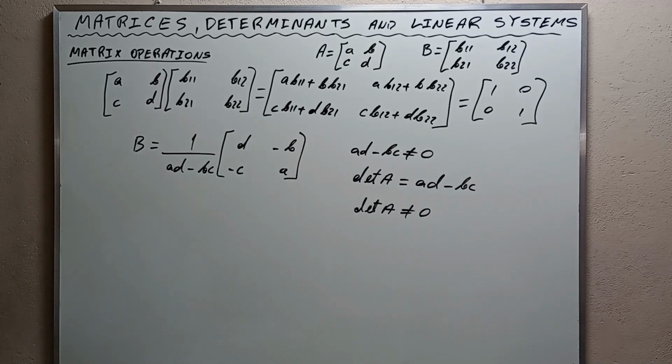This is the first result that we wanted to find related to matrix invertibility and the determinant of matrices. And the conclusion is a matrix is invertible only if its determinant is non-zero.